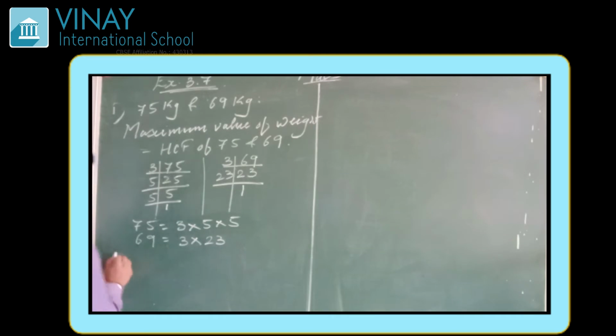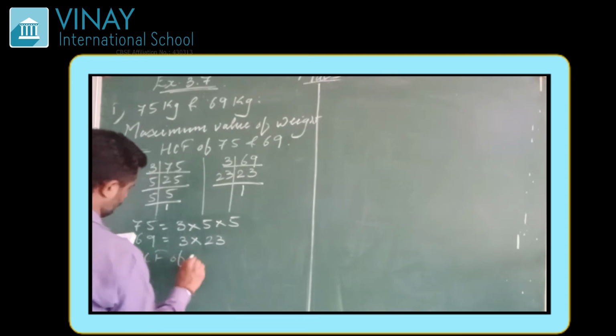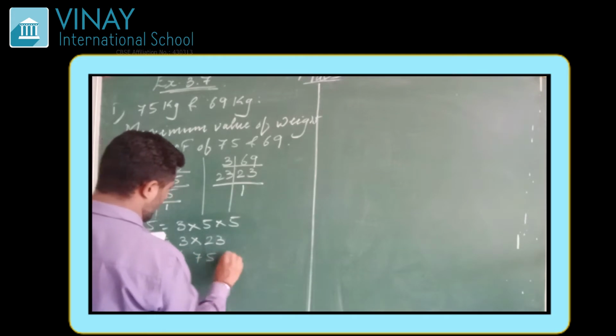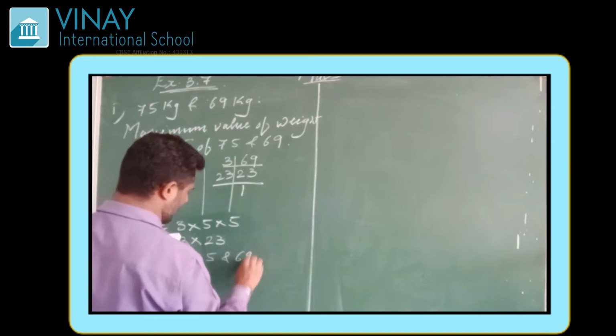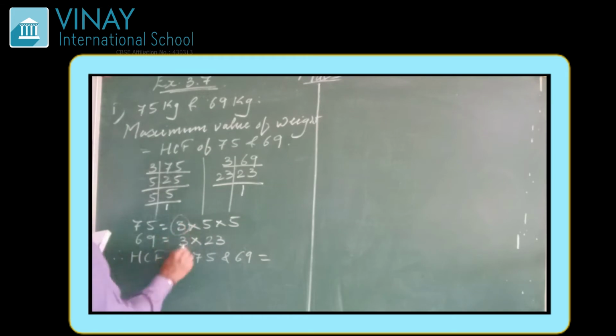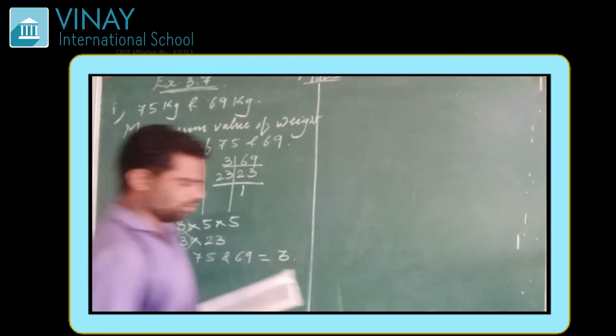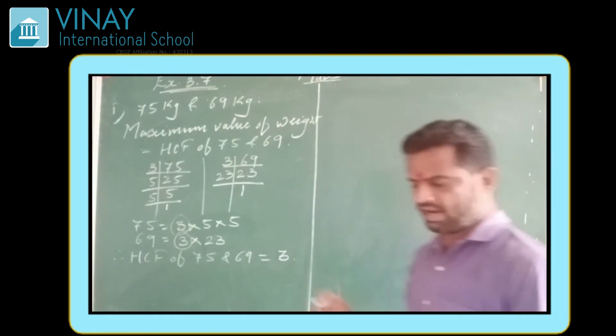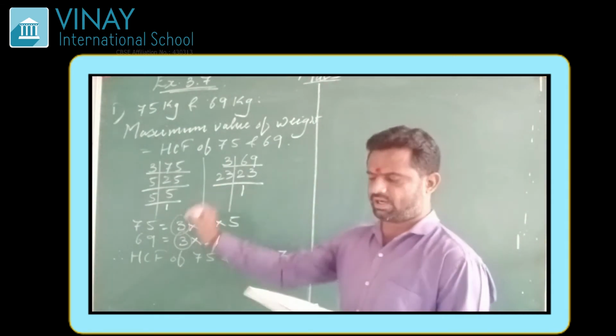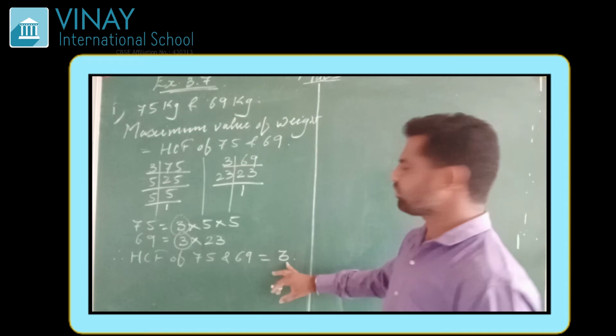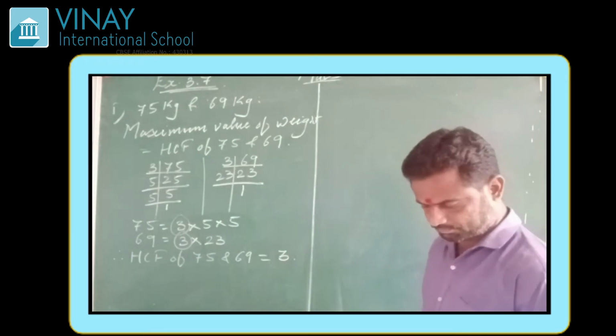So the HCF of 75 and 69 is equal to, here the common factor is just 3 only, so it is equal to 3. So the maximum value of weight which can measure the weight of fertilizer an exact number of times is 3 kg.